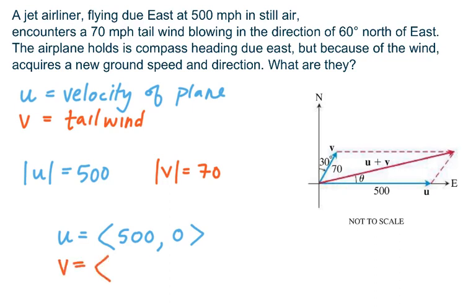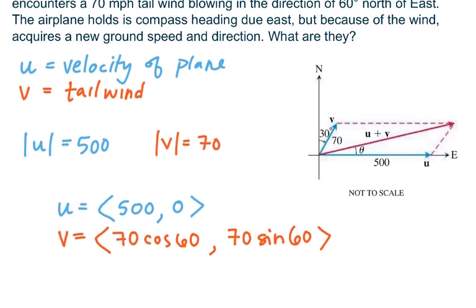V, we have that magnitude 70, and then we're going to use cosine of 60 for the horizontal portion, and 70 sine of 60 gives us our vertical portion. Remember, cosine is always associated with x and sine is associated with y.